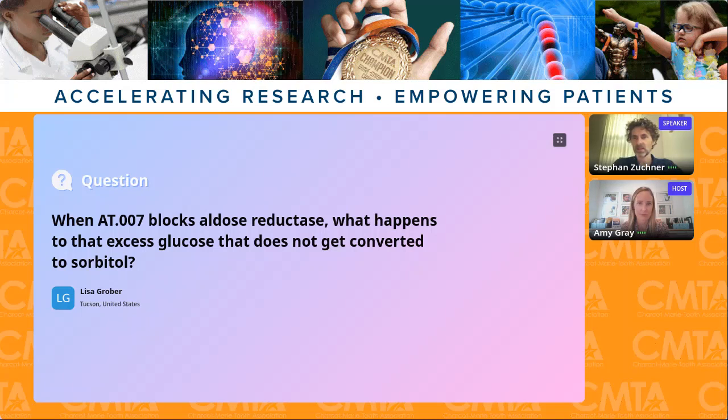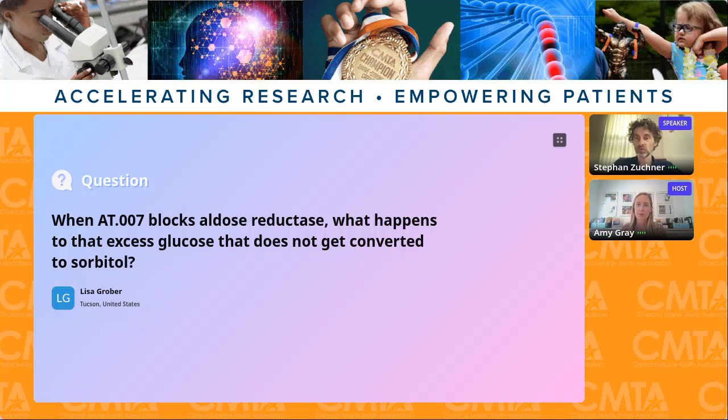Yes. So somebody very educated, AT007 is the candidate drug, the new drug that is being tested, and you will hear more about it this afternoon. That's a very good question. Of course, the main regulator of glucose in your blood is insulin, right? Normally, the glucose, which is a very important transporter of energy, is taken up into all cells to keep things going.